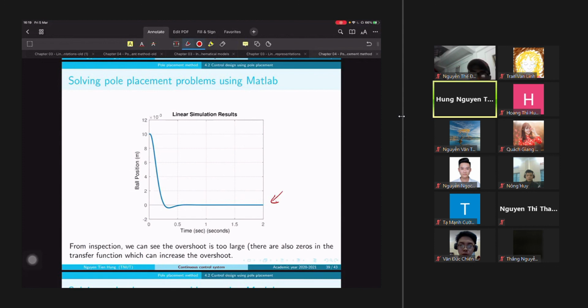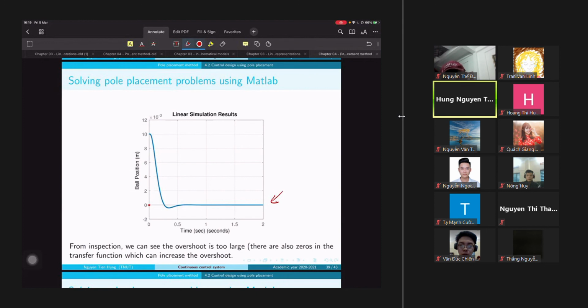This is the difference between what we want and the output. So this is always 0, meaning that the state variable goes to the location we want.